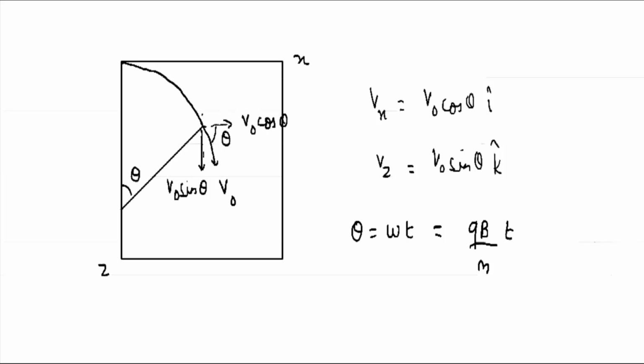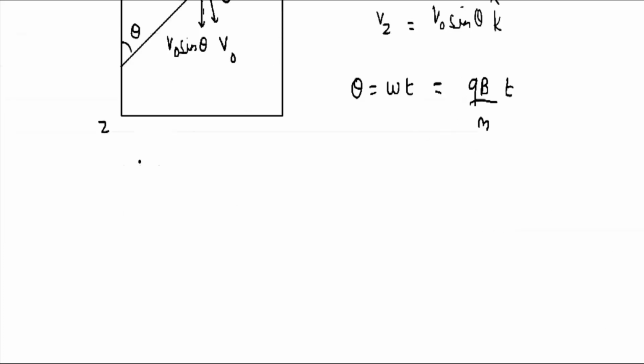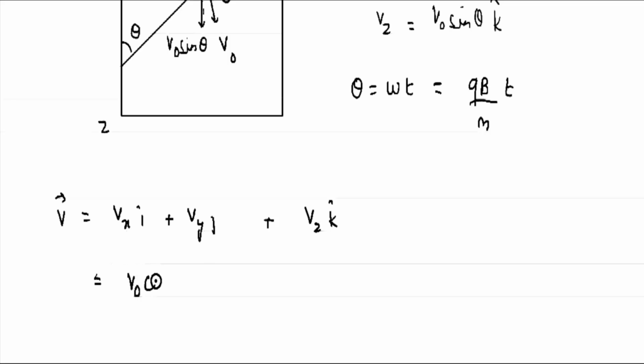Now what is to be done? We just write the expression for our velocity vector. We have written v equals vx i plus vy j plus vz k. Now what is the value of vx? We have just derived it: it would be v naught cos theta, and theta is qB divided by m into t, in the i direction.